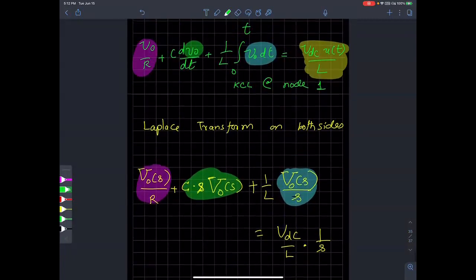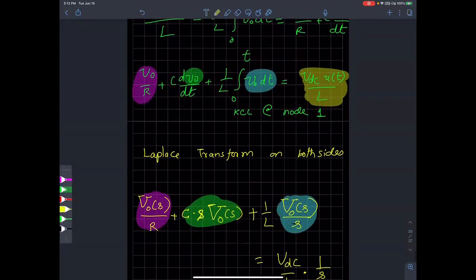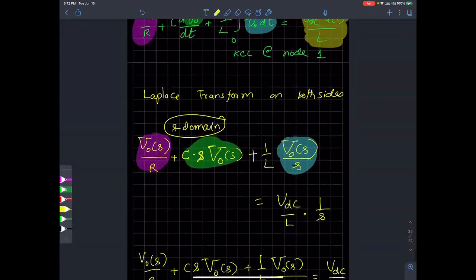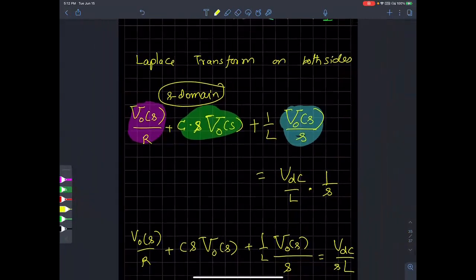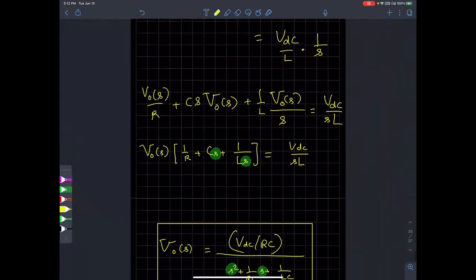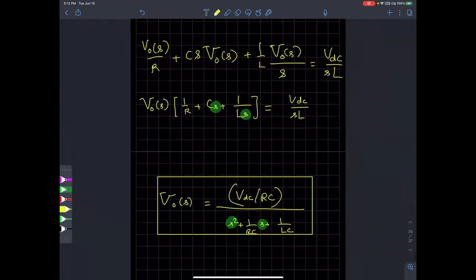The important thing to note is, whereas in the time domain we had equations of derivatives and integrals, in the S domain they're all in terms of polynomials of S. You don't have integrals and derivatives that complicate our equations here.